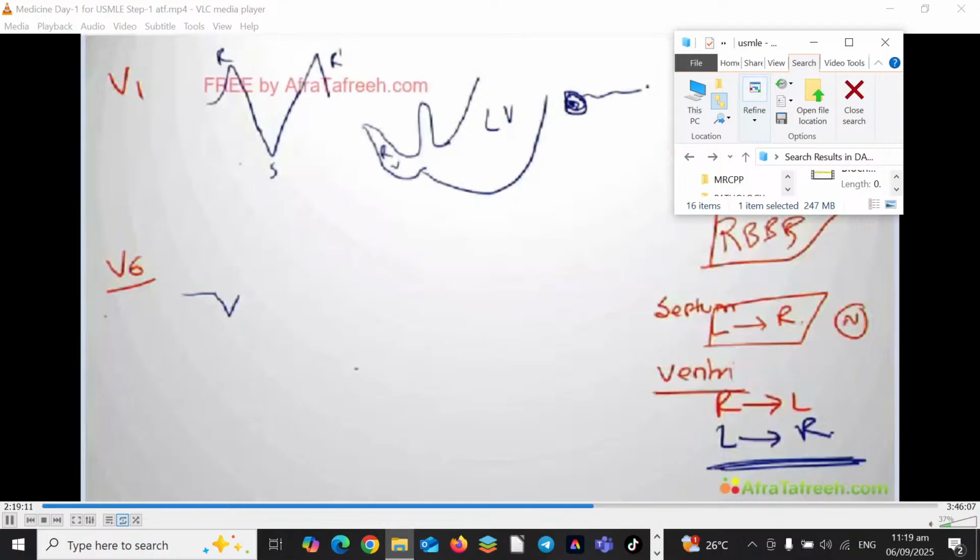Because it is placed in the left axillary region, it cannot visualize the right ventricle very well. This is a very important point. Even if the right ventricle is contracting slowly, it cannot look at it very well. So here the predominant would be again the big daddy, the left ventricle.